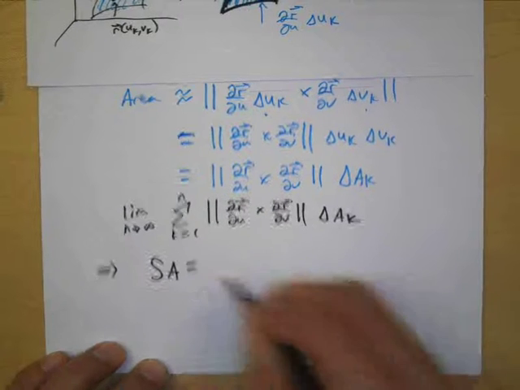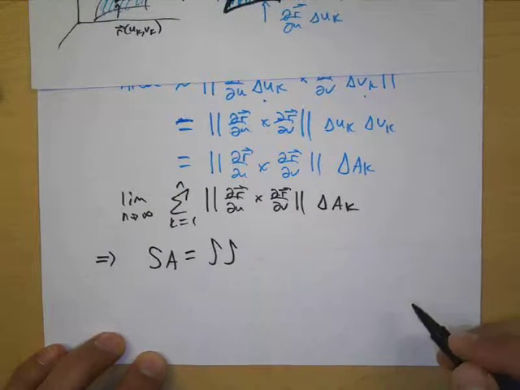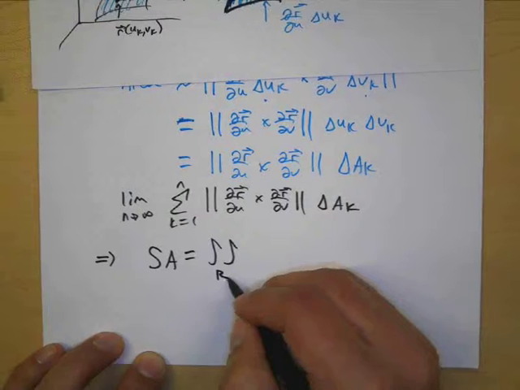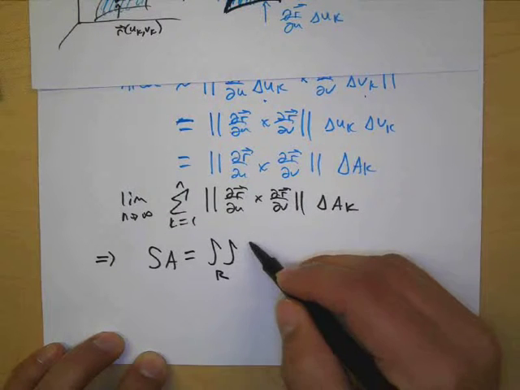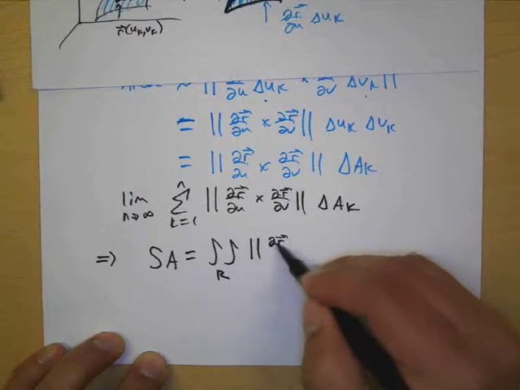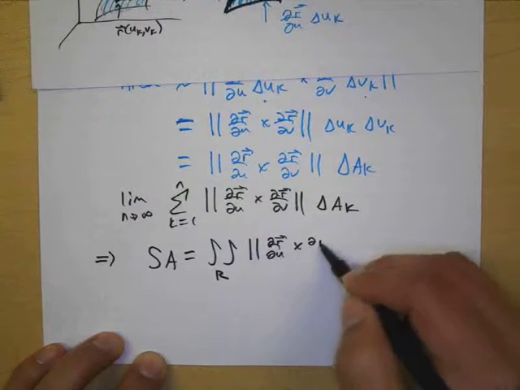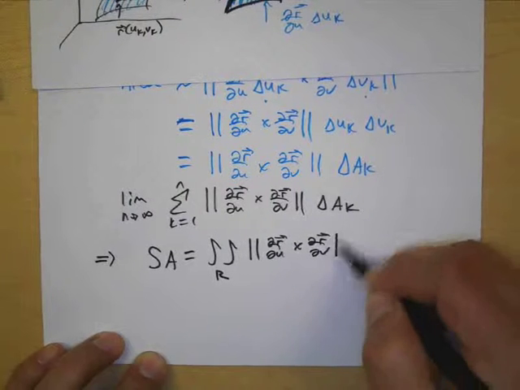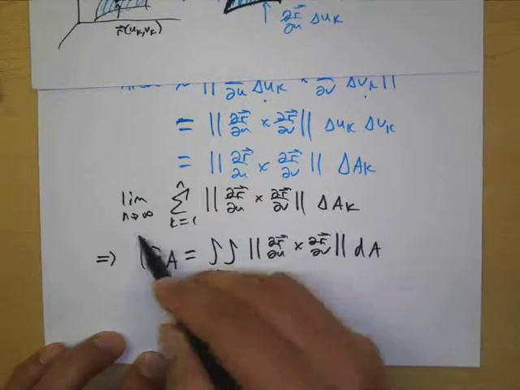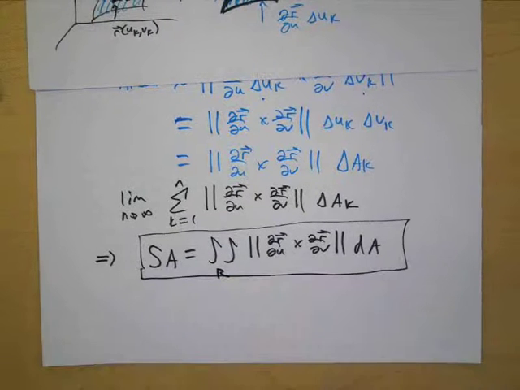Surface area will be the double integral over the region R, and here we'll just have magnitude of partial r partial u cross partial r partial v dA.